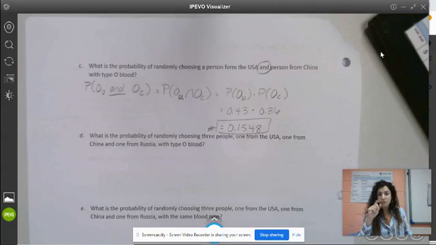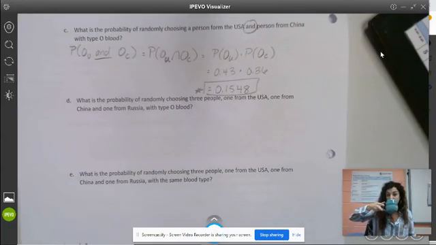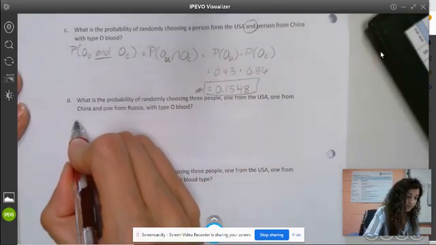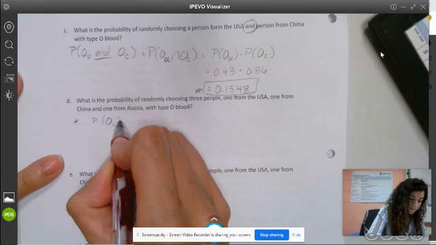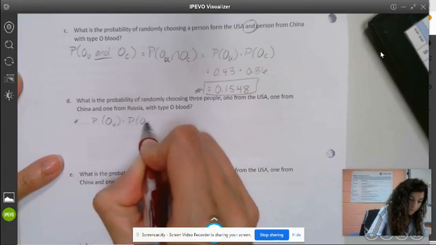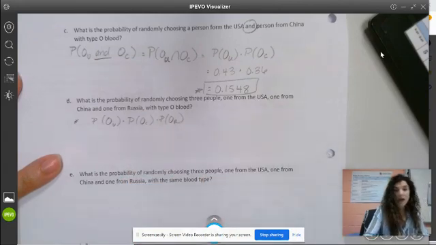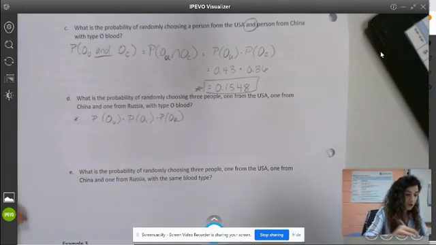Okay, what is the probability of randomly choosing 3 people, 1 from the US, 1 from China, and 1 from Russia with type O blood? You should have multiplied these all together in order to find your final result.